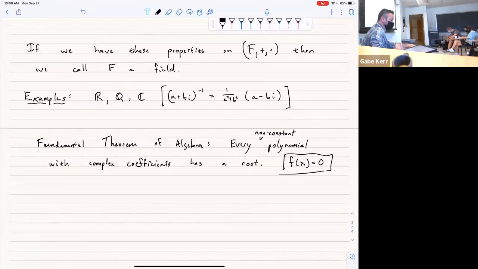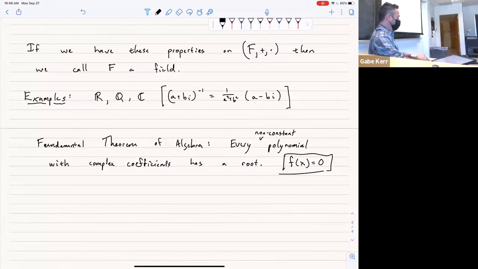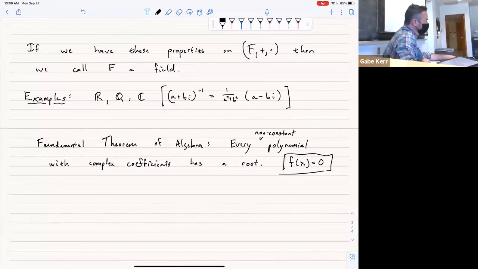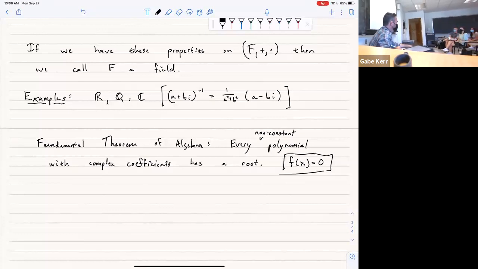This was proven by Gauss, although some people may debate that it was totally legit, but around 1800, almost 200 years after. This took a lot of work.